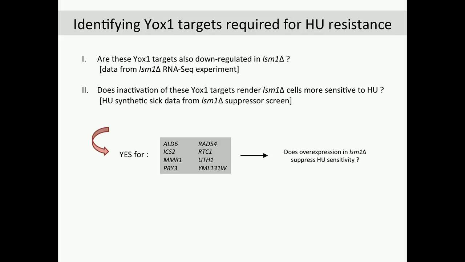Using these criteria, we narrowed down to a list of 8 genes to test. The way we tested them was to overexpress these genes in an LSM1 delta background and see if overexpression could suppress HU sensitivity. Can you go to the next?